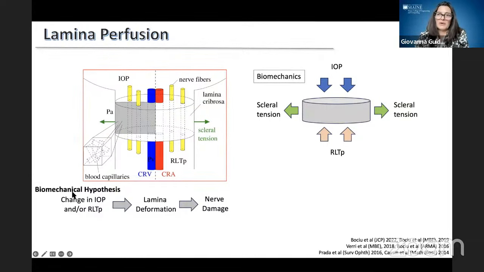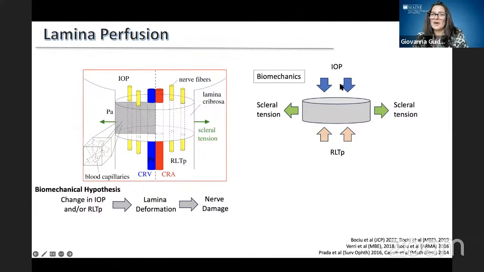And one of the conjectured hypotheses is what is typically referred to as the biomechanical hypothesis. So here you see on the right kind of a rough simplification of this tissue as a circular plate. At the outer boundaries, this plate is actually connected with the sclera, that is the white shell of the eye.